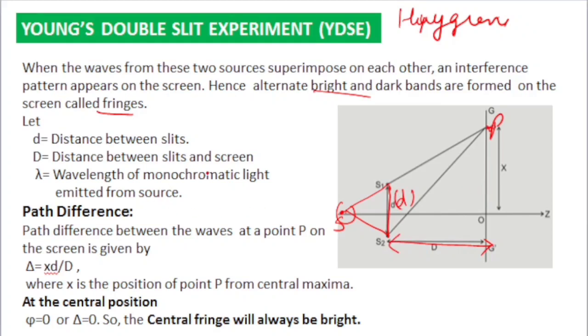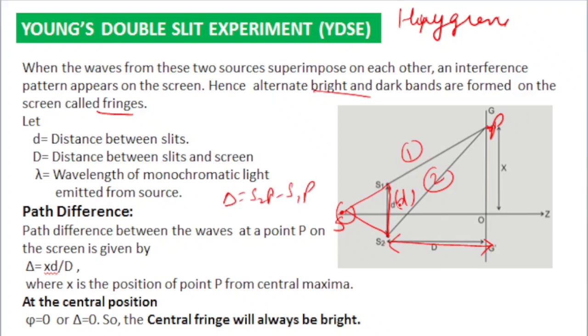Now, what is the path difference between these two sources, S1 and S2? S1P from the first source and S2P from the second source. S2P is greater than S1P, so path difference is delta equal to S2P minus S1P.